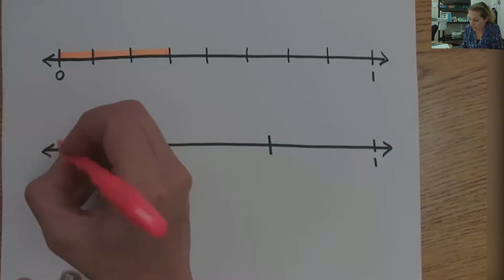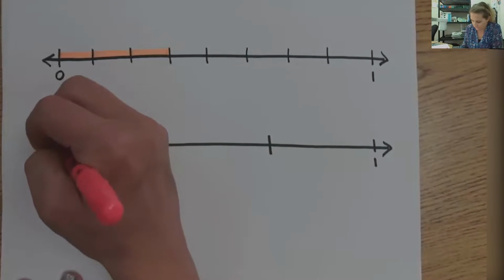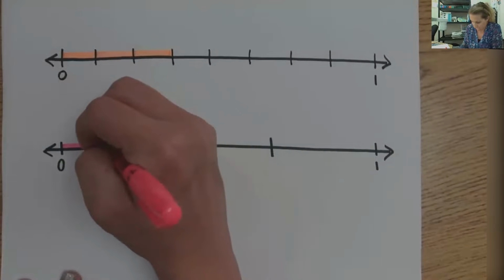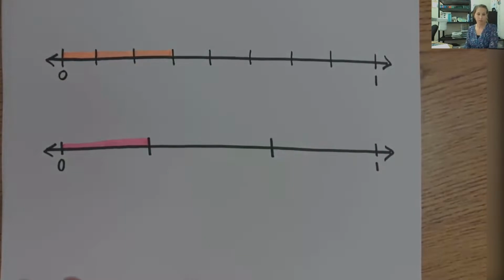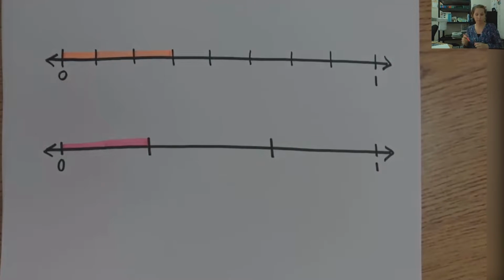Did you shade in from 0 to the first tick, which would be 1/3? Think about putting the two shaded regions together. Could I move this up here?